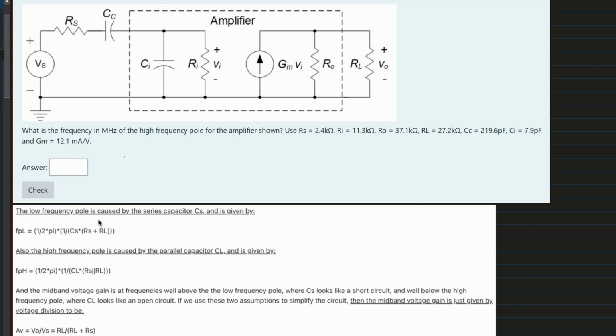So for our problem here, we have high frequency, and there are a few things about capacitors that we should note. A capacitor at low frequency is going to be an open circuit, and a capacitor at high frequency is going to be a short circuit.